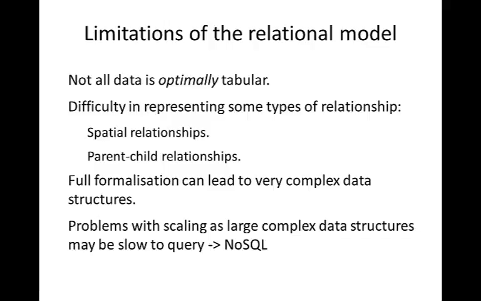So one of the limitations of the relational model is when you've got non-tabular data, data that's more naturally represented as a network or something like that. It's very difficult to represent some types of relationship in the relational model. As we'll see, spatial relationships don't work at all for them.